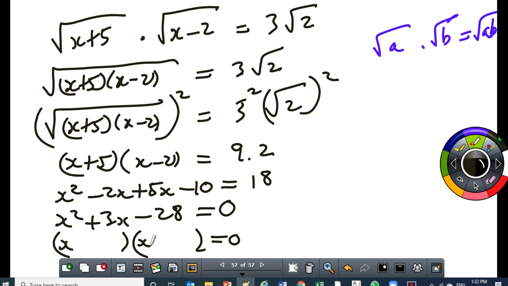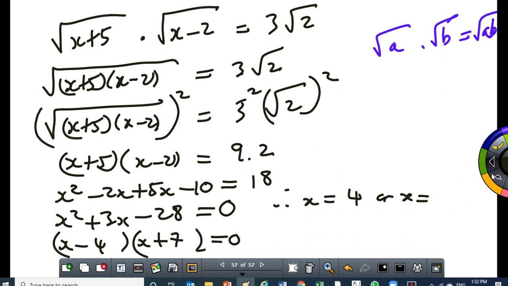Which two factors of minus 28 can give me a positive 3 if I add them? It will be negative 4 and positive 7. 7 plus minus 4 gives you the coefficient here. So here I can say, therefore, x is equal to 4, or x is equal to negative 7.